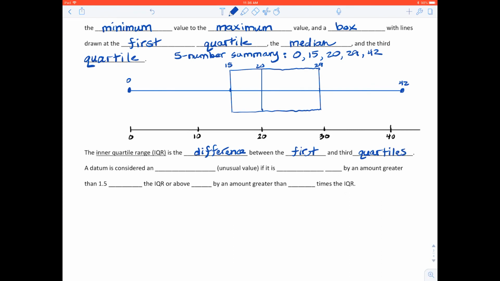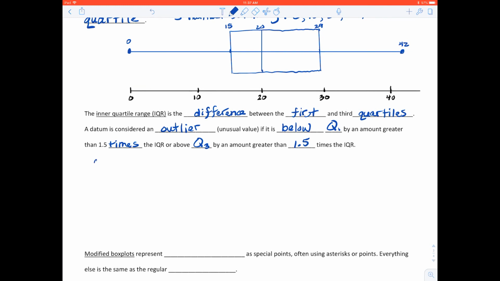A datum is considered an outlier if it is below the first quartile, Q1, by an amount greater than 1.5 times the interquartile range, or above that third quartile value by an amount greater than 1.5 times the interquartile range. So why don't we check and see if we have outliers?